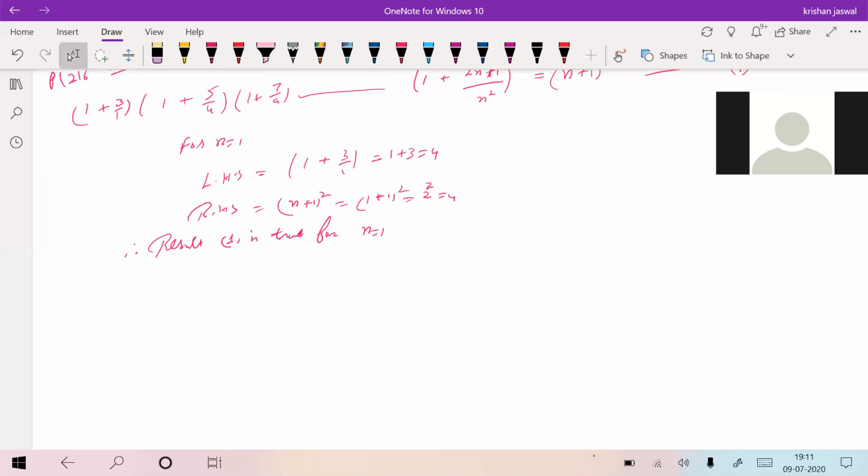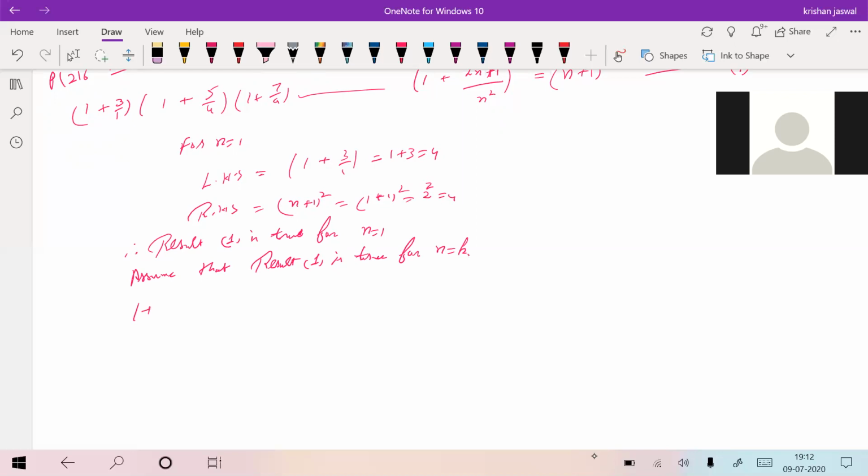Assume that result 1 is true for n equal to k.